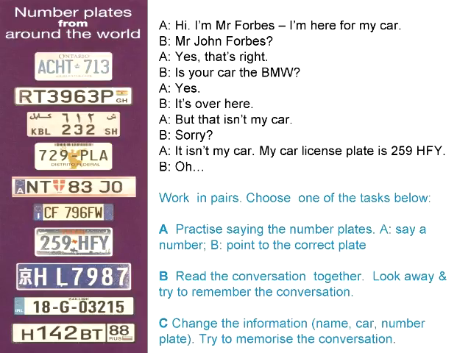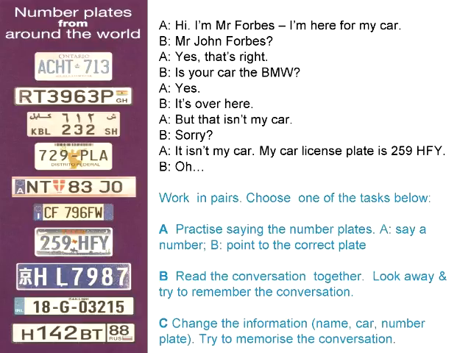But the interesting part is the bit in blue down at the bottom there. Because here we have 3 different tasks. In the first one, the students work in pairs, and one person says a number plate, and the other one has to point to the plate. It's very simple.